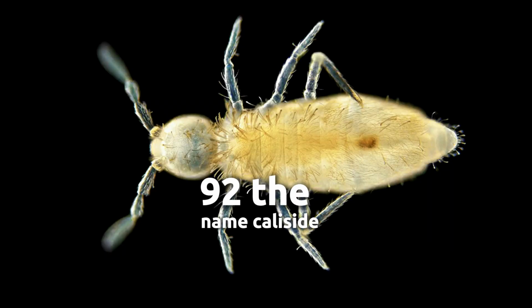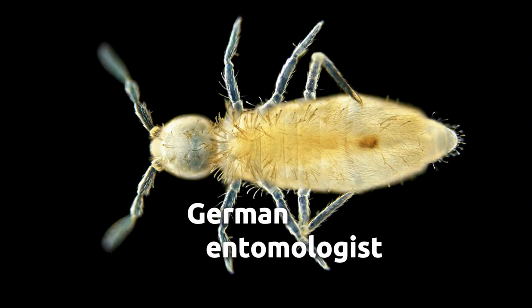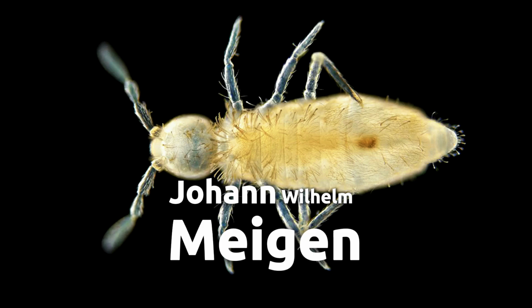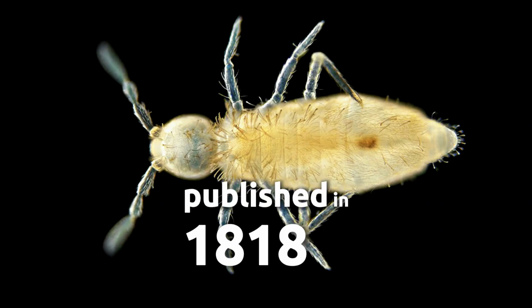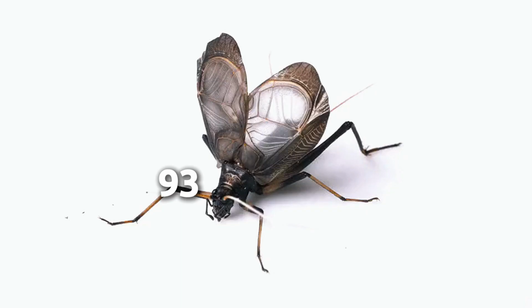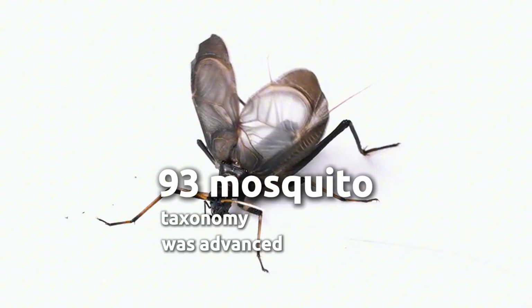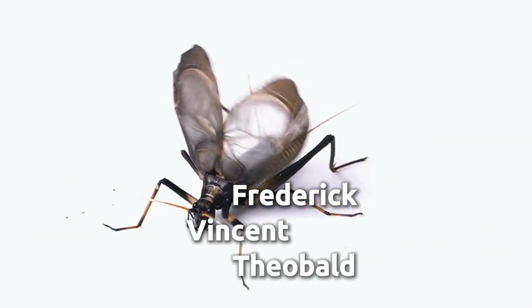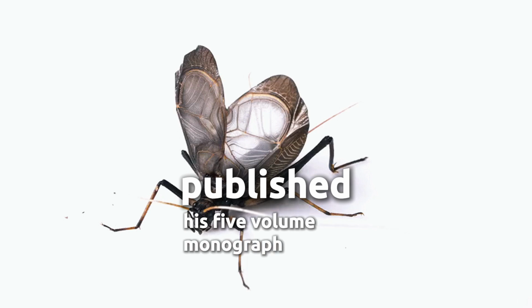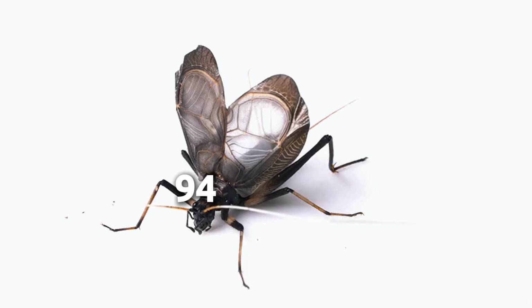The name Culicidae was introduced by the German entomologist Johann Wilhelm Meigen in his 7-volume classification, published in 1818 to 1838. Mosquito taxonomy was advanced in 1901 when the English entomologist Frederick Vincent Theobald published his 5-volume monograph on the Culicidae.